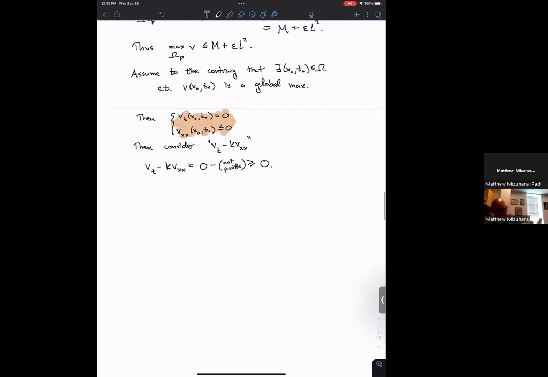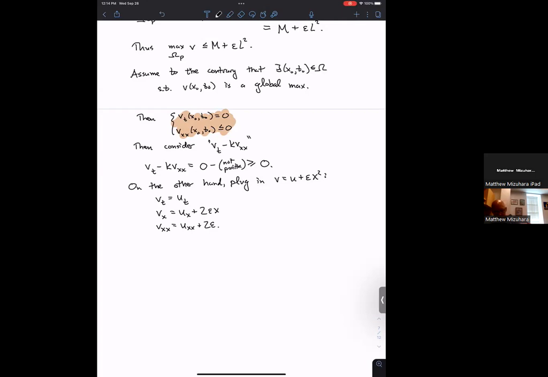Fine. But right now we don't have any contradiction. On the other hand, let's plug in our expression. V is u plus epsilon x squared. And so I can calculate Vt equals ut plus 0, since the time derivative of x squared is 0. Then Vx is ux plus 2 epsilon x, and Vxx would be uxx plus 2 epsilon.